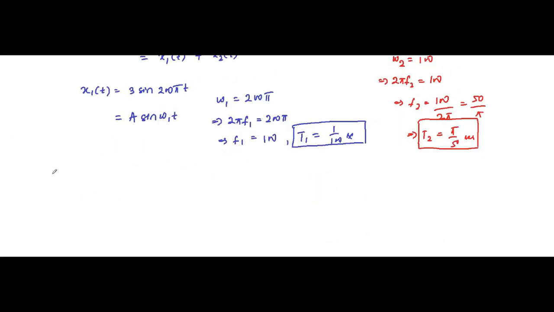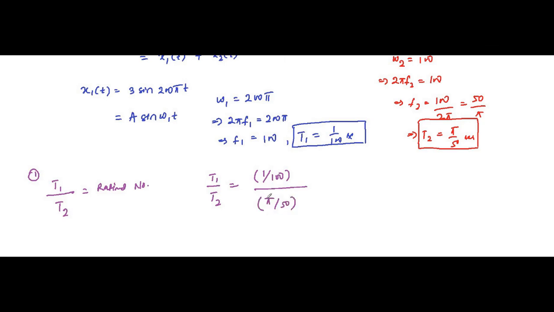Now the basic condition for the sum of two signals to be periodic is that the ratio of the two individual fundamental time periods should be a rational number. Here if we calculate the ratio, T1 by T2 is equal to 1 by 100 divided by T2, which is pi by 50.